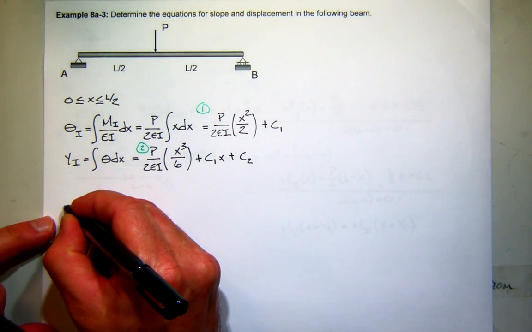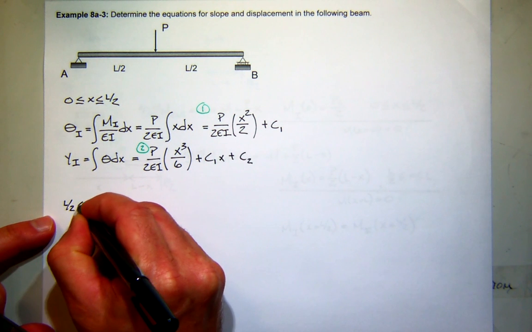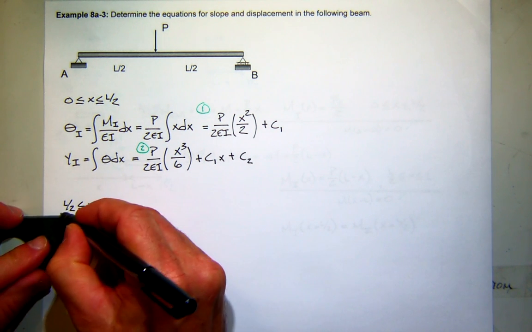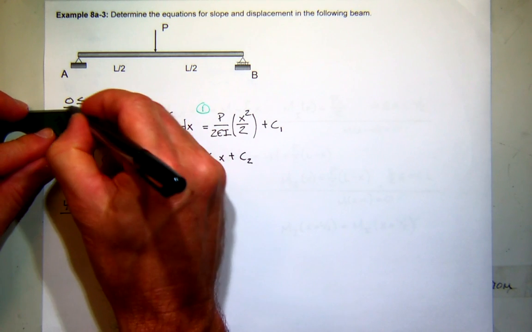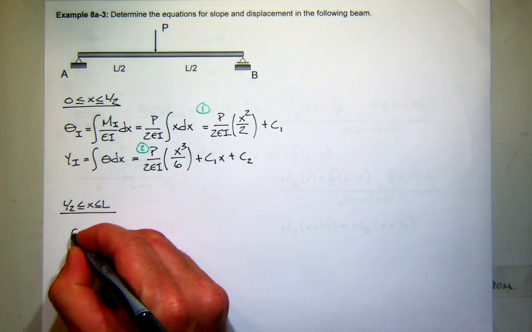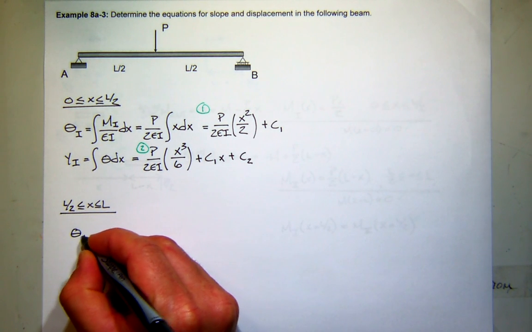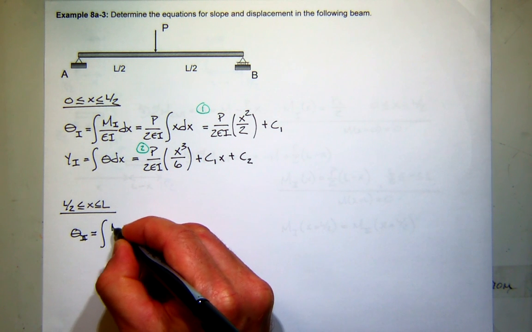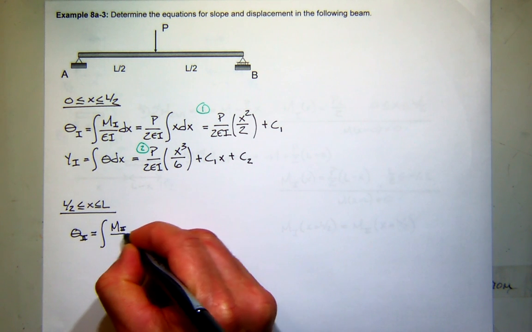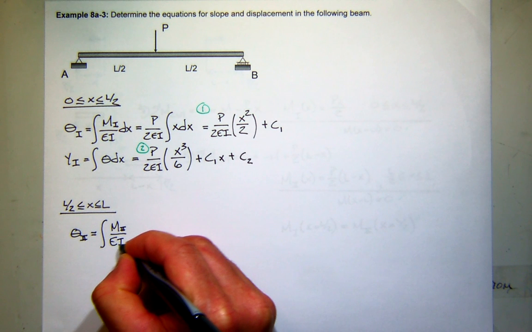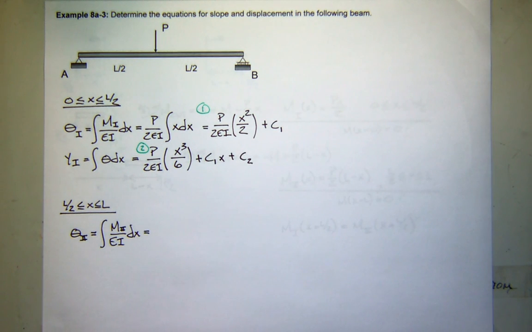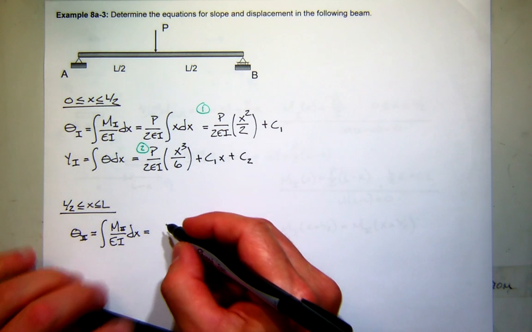So let's go ahead and now integrate the second set of equations. So this is the slope in section 2, which is the moment in section 2 divided by EI. Again, a P over 2 can come out.